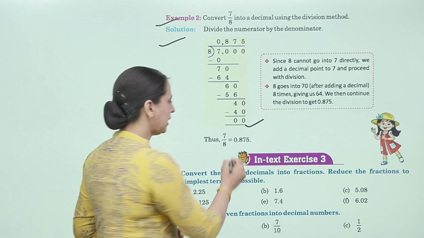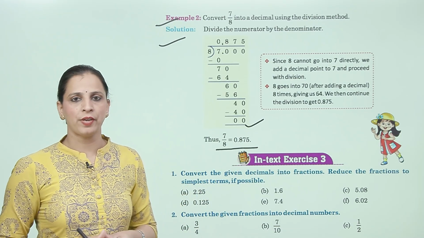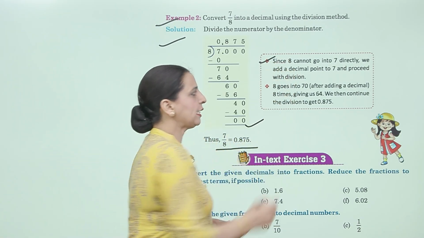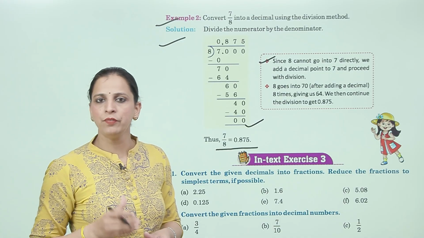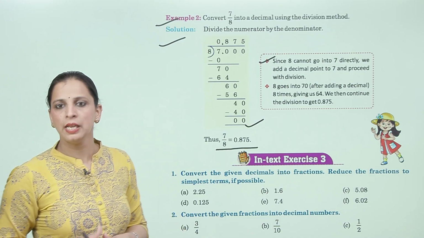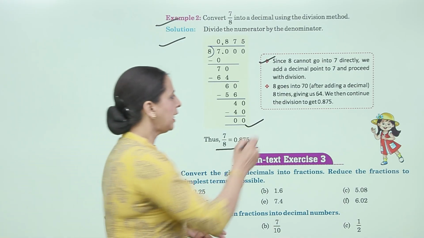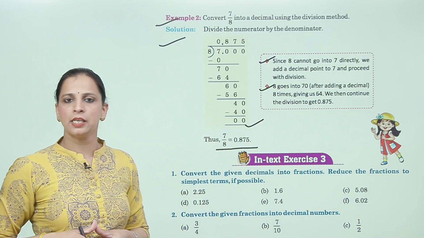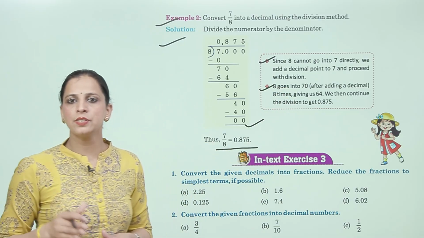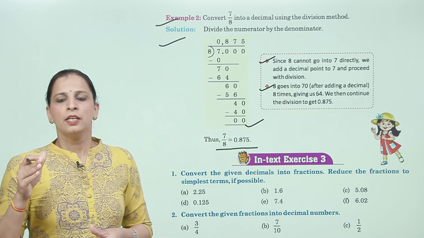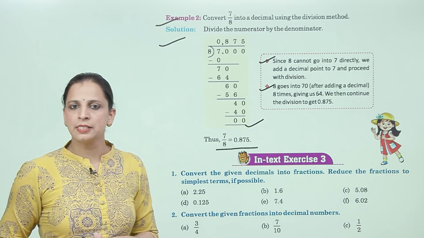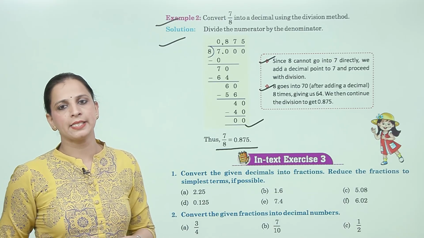Thus 7 by 8 is 0.875. Since 8 cannot go into 7 directly, we add a decimal point to 7 and proceed with division. 8 goes into 70 after adding a decimal 8 times, which gives us 64. When we continue the division we get 0.875.